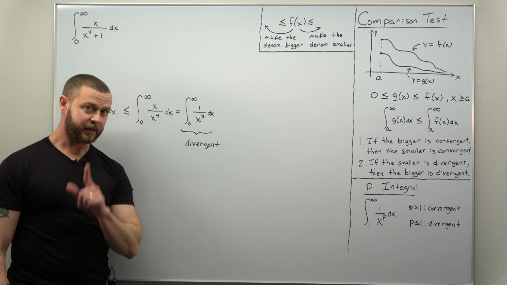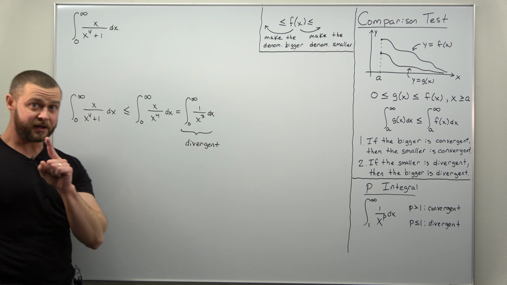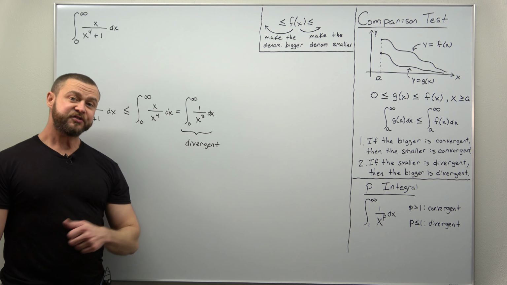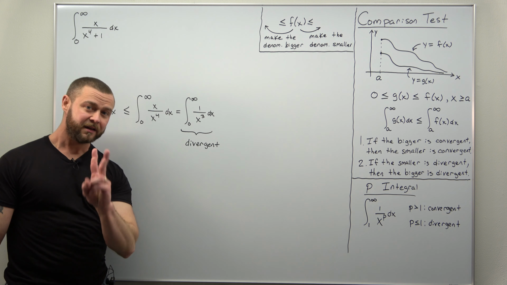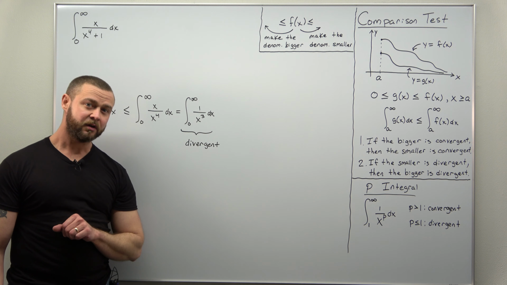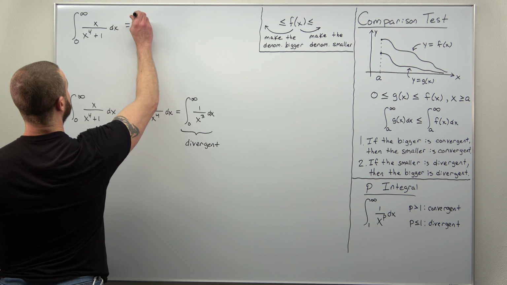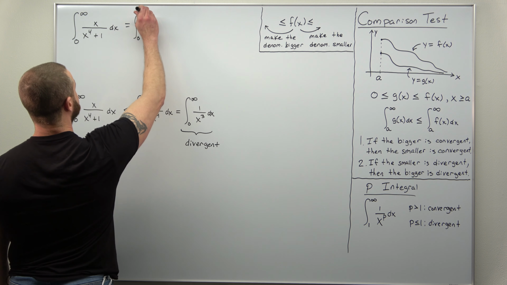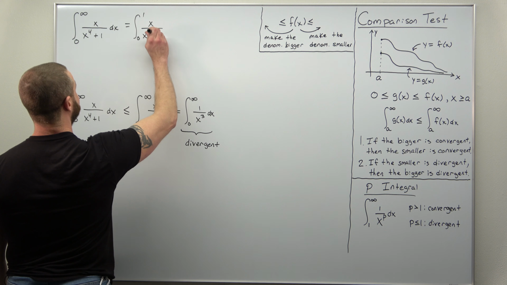Now, the trick that we're going to make use of, which usually deals with the lower limit being 0, is we're going to split that integral from 0 to infinity into two integrals. We're going to split it at 1. So let's rewrite this as the integral from 0 to 1 of x divided by x to the 4th plus 1.